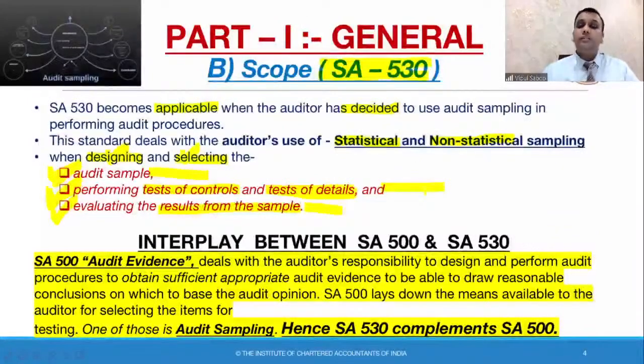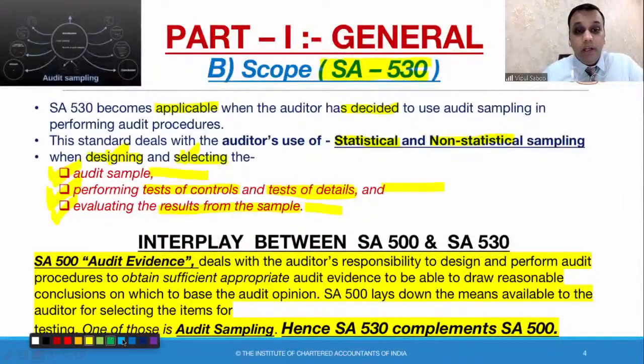So now there is an interplay between SA 500, audit evidence, and SA 530. What is that interplay? As per SA 500, which is audit evidence, it deals with the auditor's responsibility to design and perform audit procedures to obtain sufficient.